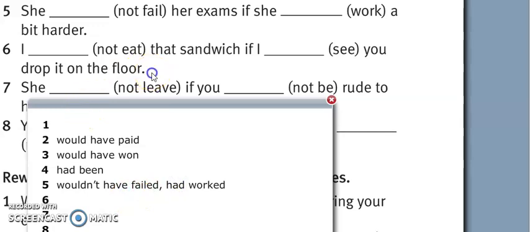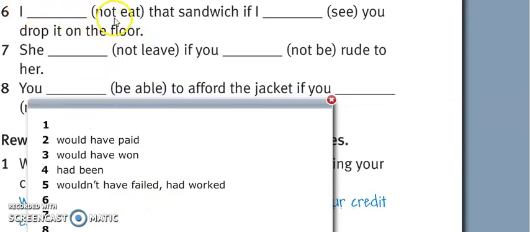Let's move to number 6: I blank the sandwich if I see you drop it on the floor. I wouldn't have eaten that sandwich if I had seen. Wouldn't have eaten, then had seen.